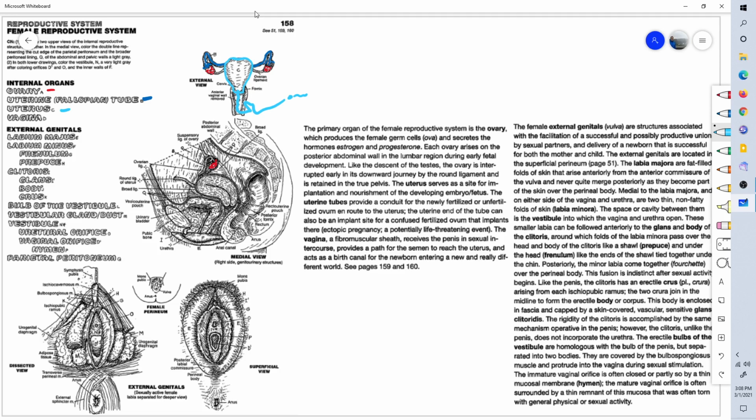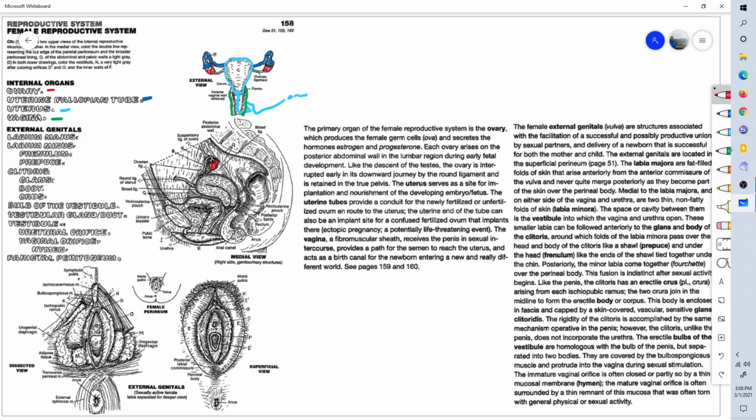It is the pathway for the sperm to travel, and it accepts the male penis for sperm to travel. So the vagina is here, the wall of the vagina.